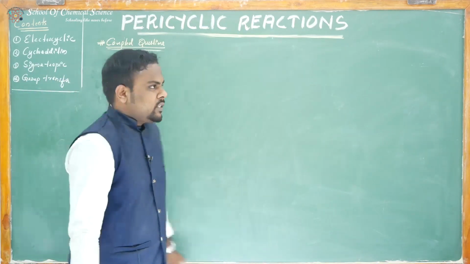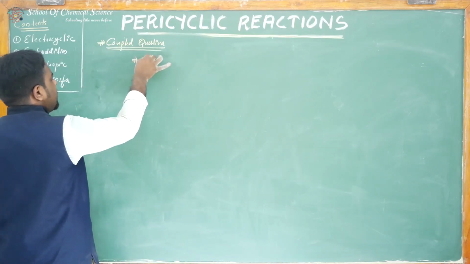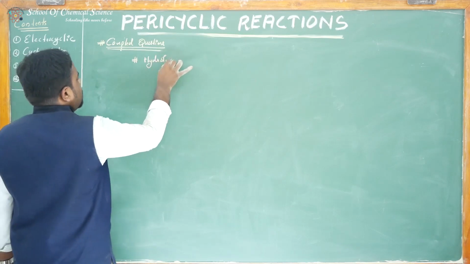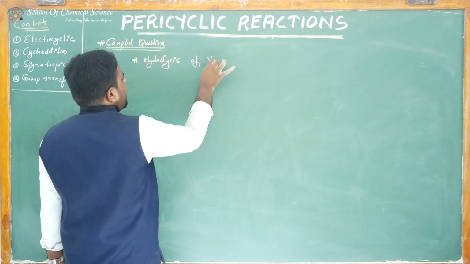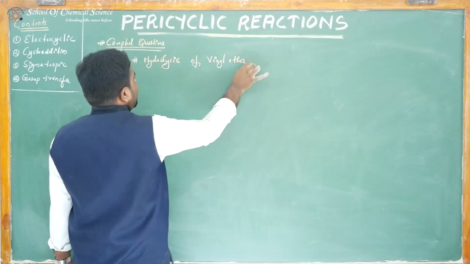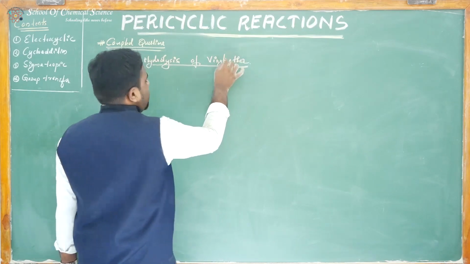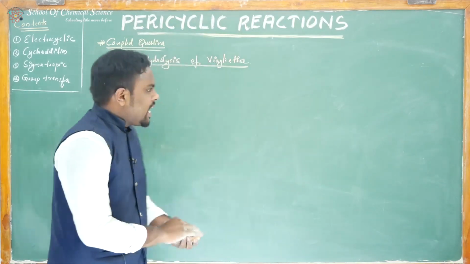Another important reaction, like the Wittig reaction, that you can expect in pericyclic reactions is hydrolysis of vinylic ether. This is also a coupled reaction. This reaction we will study later. So what is a vinyl group?